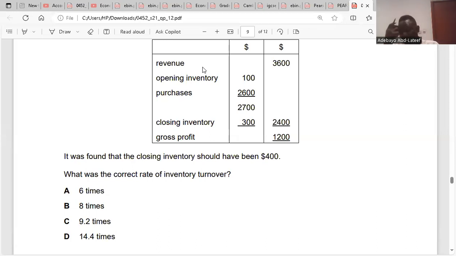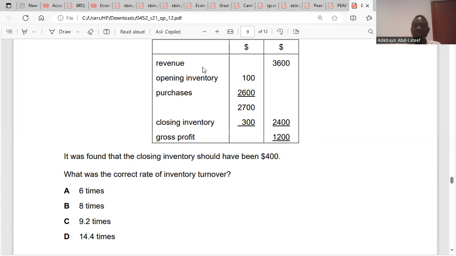Then we said we need to find the average inventory. Average inventory is opening inventory plus closing inventory divided by 2. So opening inventory is 100, closing inventory is 400, that's 500 divided by 2, which is 250.